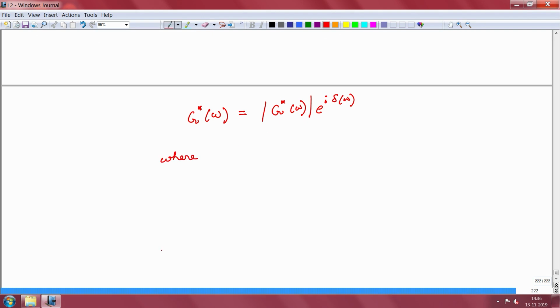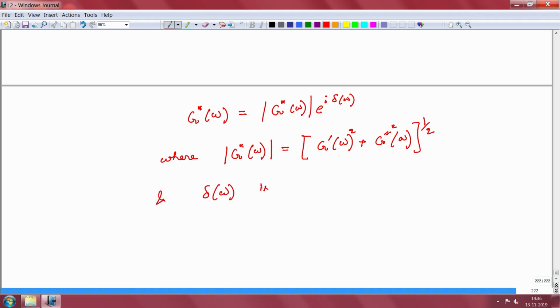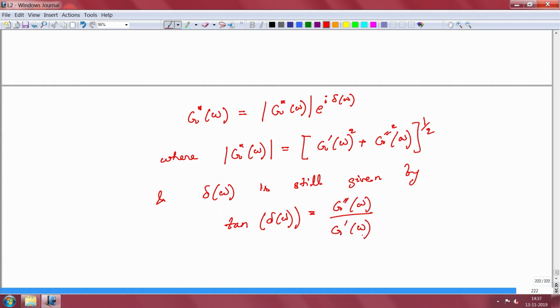How will you compute the amplitude for a complex number? We know from complex mathematics that this is simply this term, and this is still given by tan of delta omega, which is just a ratio of G double dash omega by G dash omega.